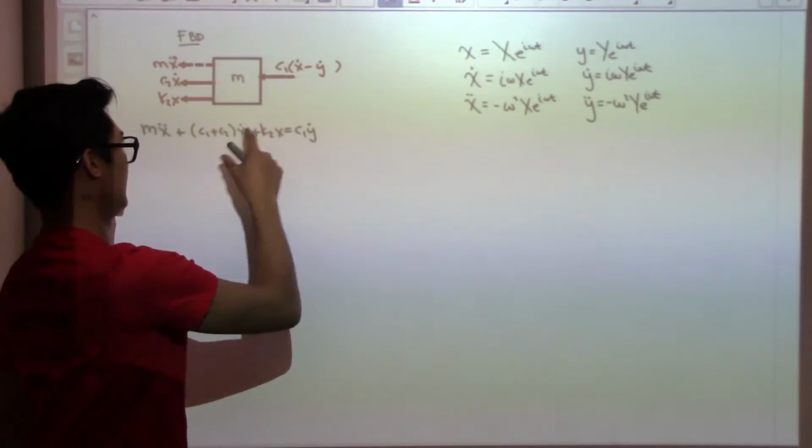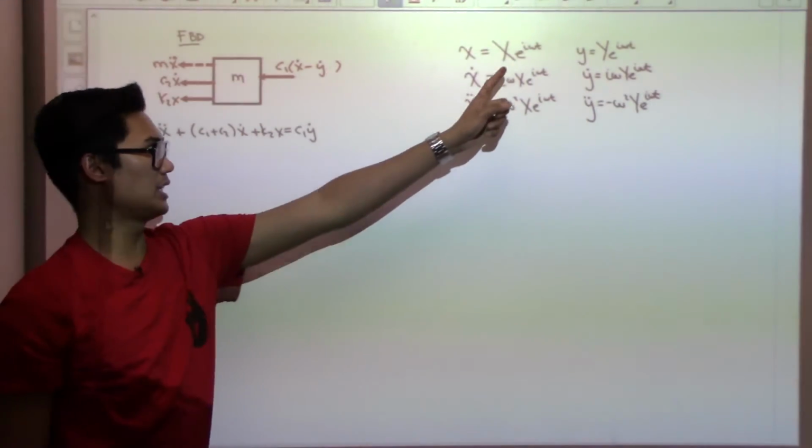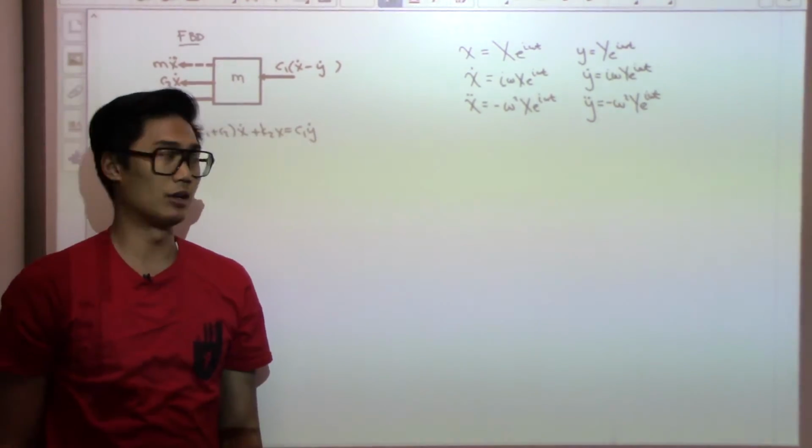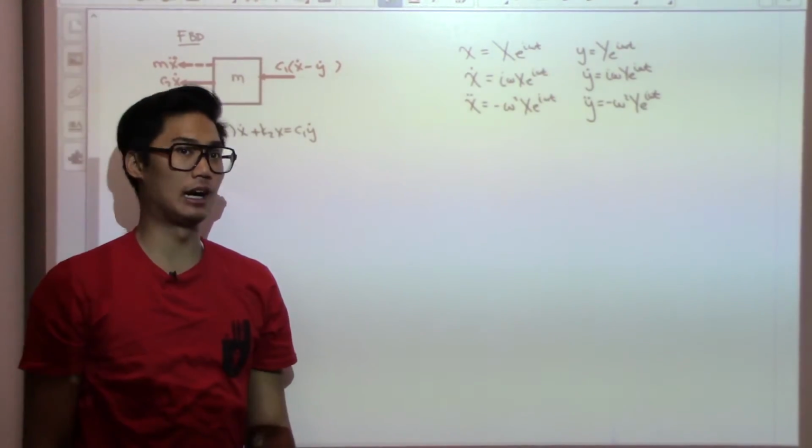Plugging these into this equation, you're going to notice that all the e^(i omega t) terms cancel out. So let's completely ignore the e^(i omega t).